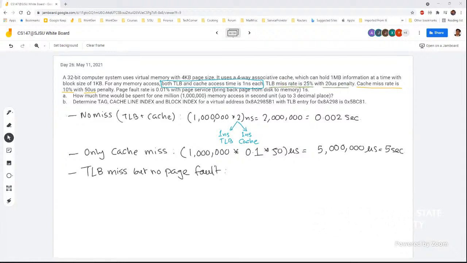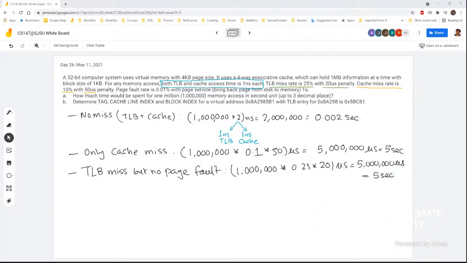So that means it is 1 million multiplied by 0.25 multiplied by 20 microseconds, which comes to about another 5 million microseconds, which is 5 seconds.